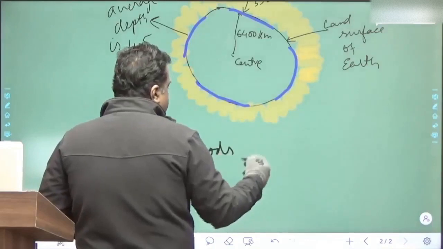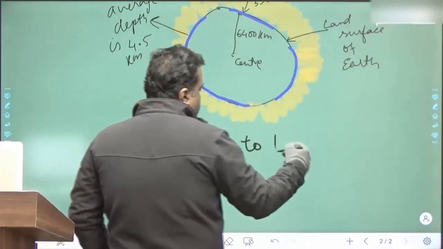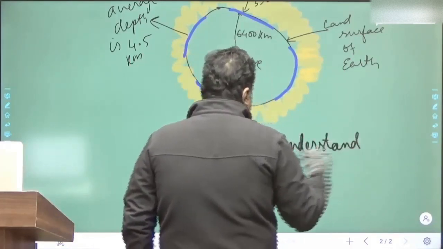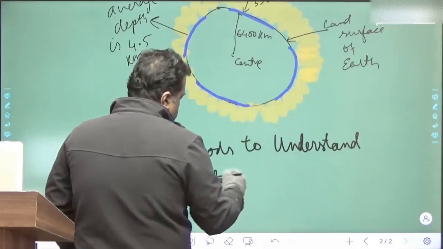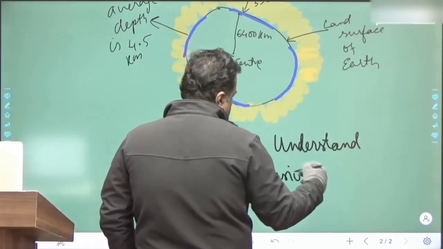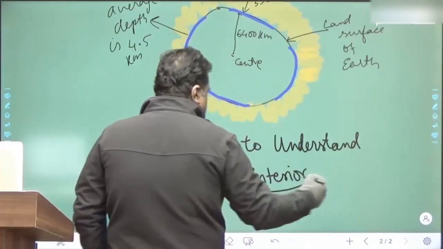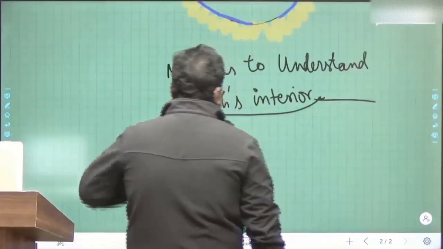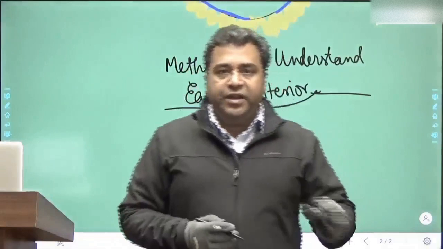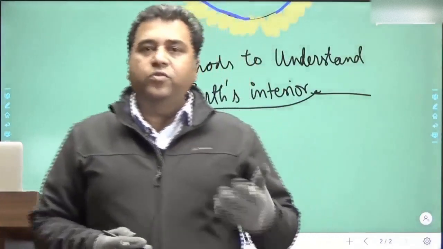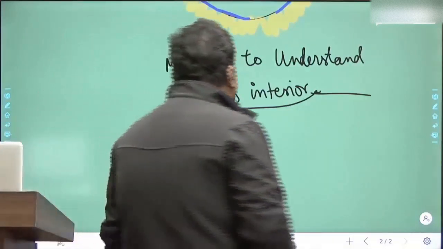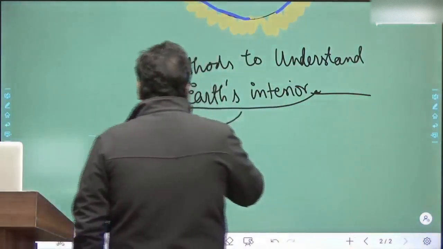Please do write this as the subheading: Methods to understand Earth's interior. One method is to directly take out things from the Earth's interior and try to make sense out of it, directly getting the material from the interior. We call this method direct methods.